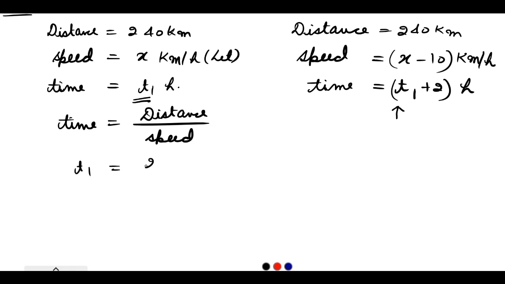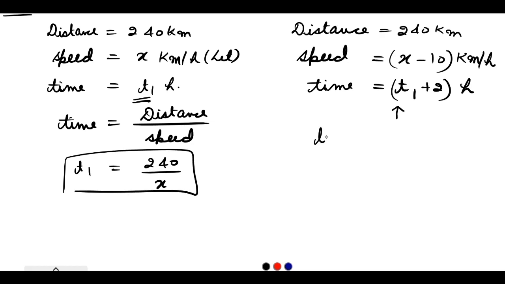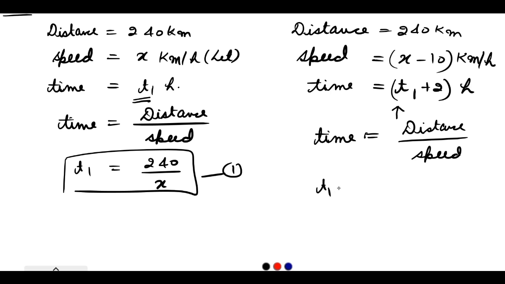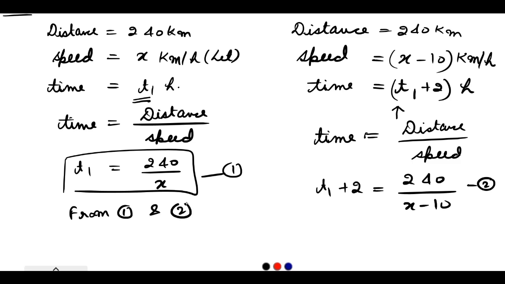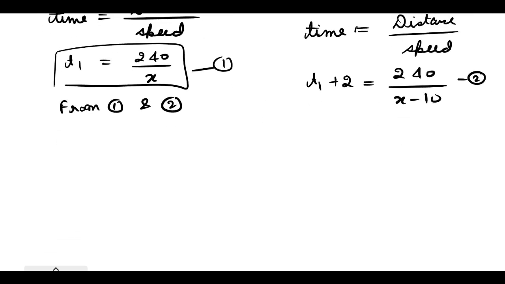Time is t1, distance is 240 and speed is x. Now, in this case, time is equal to distance upon speed. Time is t1 plus 2 and distance is 240 and speed is x minus 10. Now we are substituting t1 is equal to 240 upon x in equation 2 and solve it.